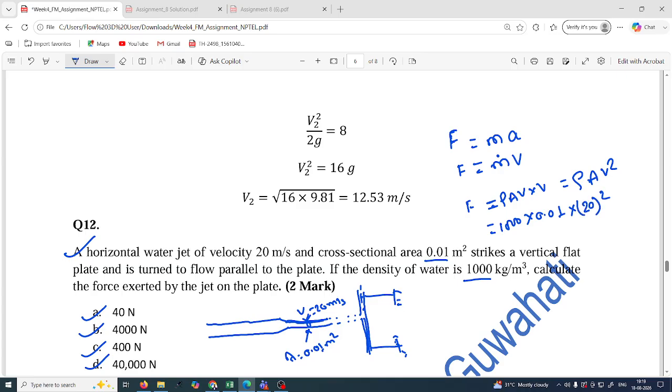Now I'll solve here. So 1000 into 0.01, which is 1 by 100, and 20 squared is 400.